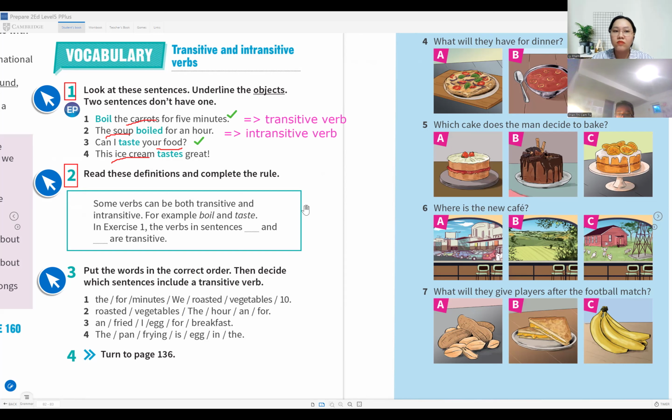In exercise one, the verbs in sentences and are transitive. Yeah, transitive. Objects. We can see objects. So, which sentences have objects?